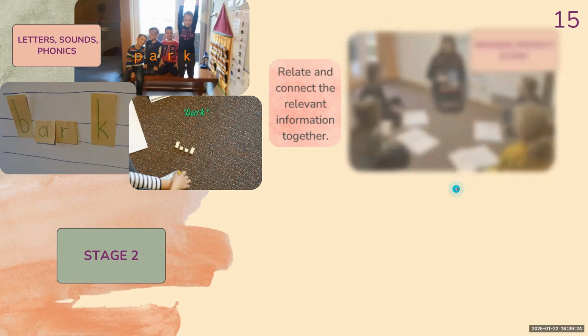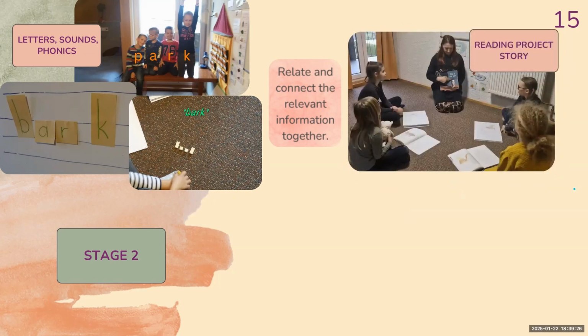And here is also the point where we present the phonics, the ones that are in the project story. So the aim is to become familiar with the spelling of the known words, the ones that children came across in the project story, not just any words, because we would like to relate and connect the information together. That's why we use those words.